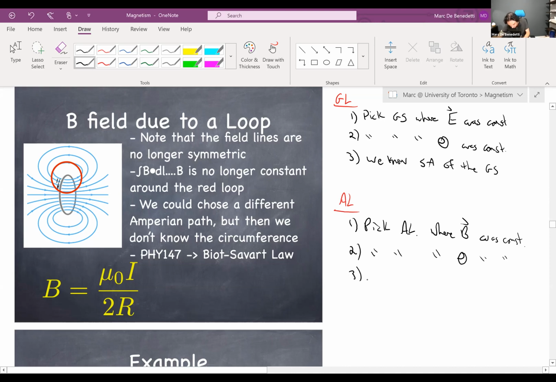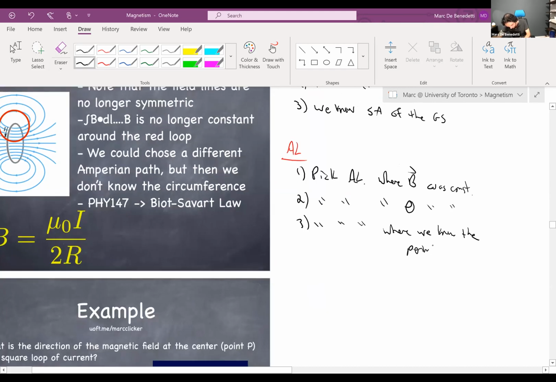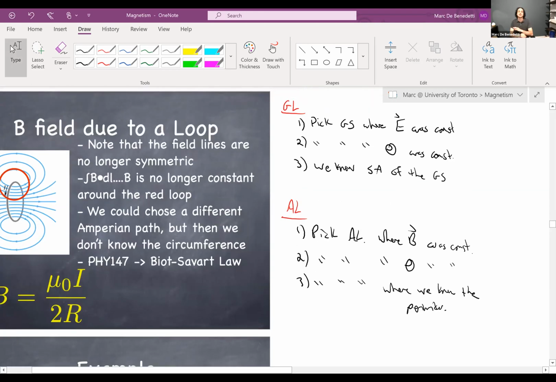And three, we had to pick an Amperian loop where we knew the perimeter. Okay, so if you can manage those 3 things when using Gauss's law or Ampere's law, then it's a very useful equation.